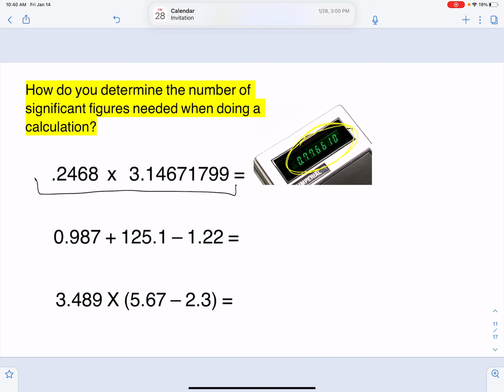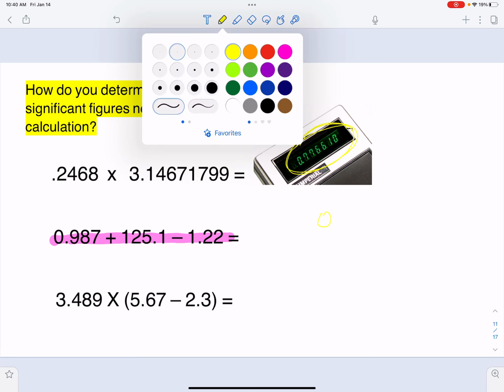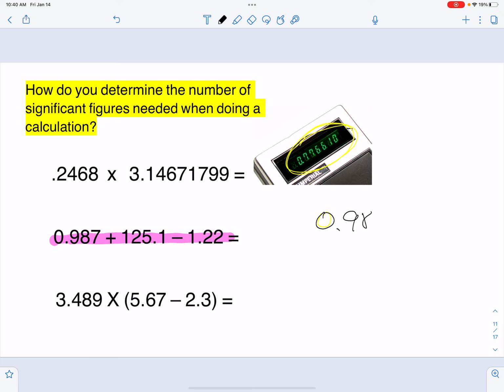So in the case of multiplication, actually let me begin not with multiplication, let me begin with an addition. One way to see this is like this. 0.987, you're adding that to 125.1, and you're taking away 1.22.